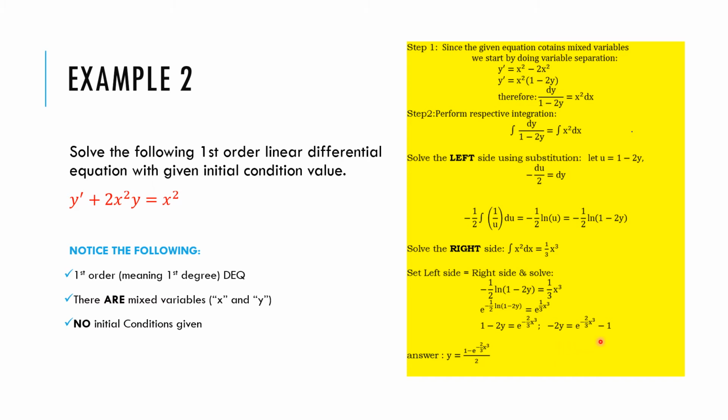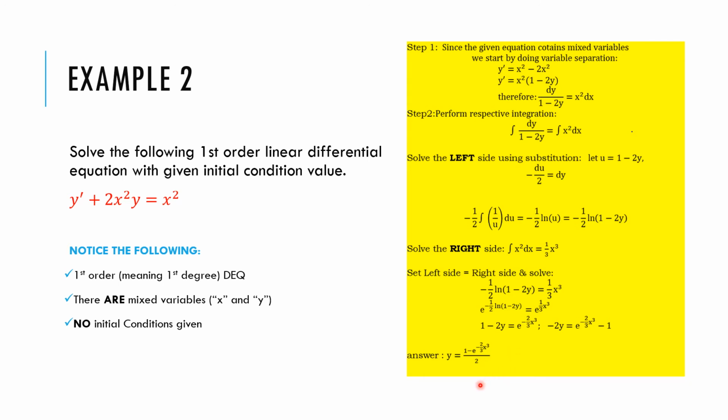Now, when I divide all of this by negative 2, I would get y equals 1/2 times 1 minus e raised to 2 over 3 times x cubed. Or you can just leave your answer as I have it over here. And so now this becomes the solution to your mixed variable first order linear differential equation.